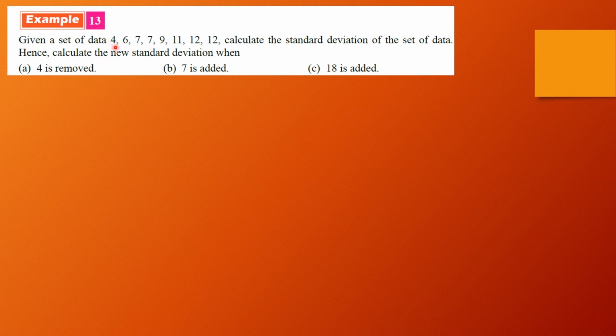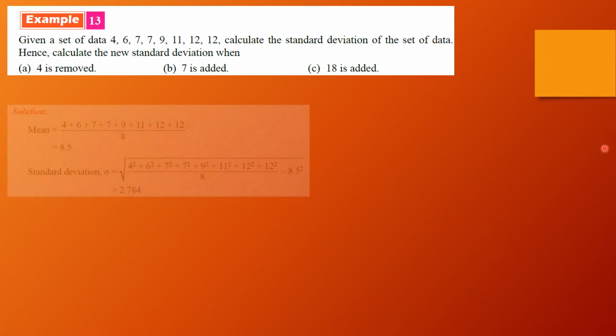That means from this data, you are going to remove 4. When you remove 4, you will be left with 6, 7, 7, 9, 11, 12, and 12. First, we calculate the standard deviation of this set of data.